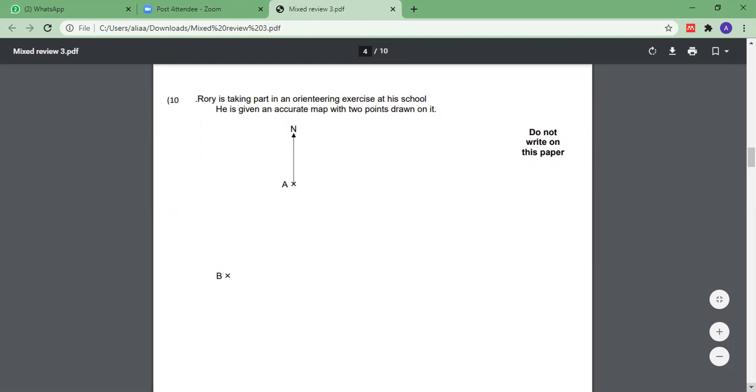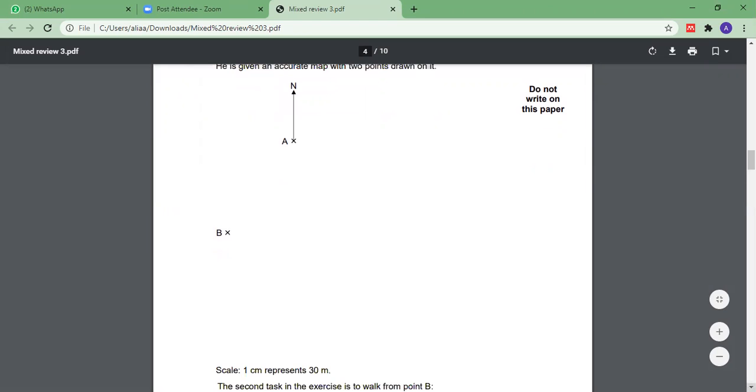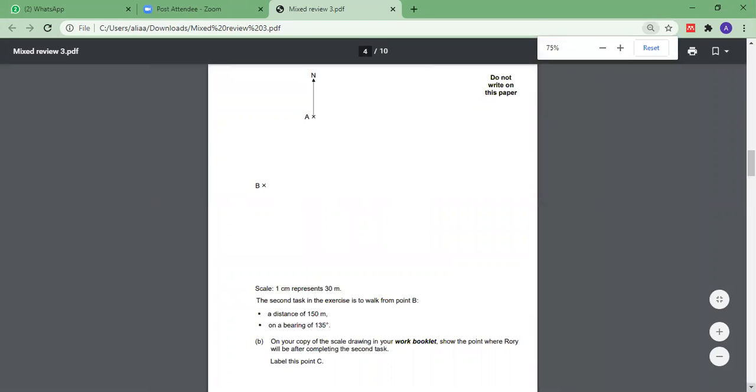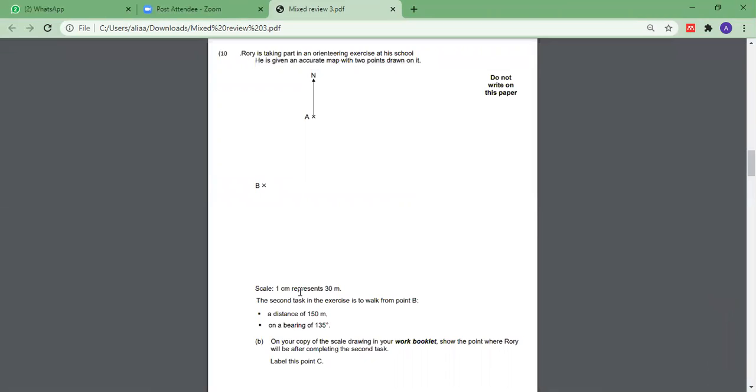Rory is taking part in an orienteering exercise at his school. He's given an accurate map with 2 points drawn on it. Okay, this is our map. Here, the scale: 1 centimeter represents 30 meters in real life.